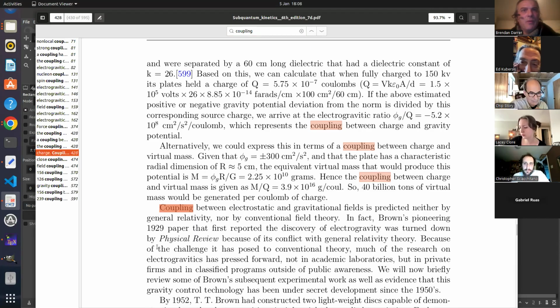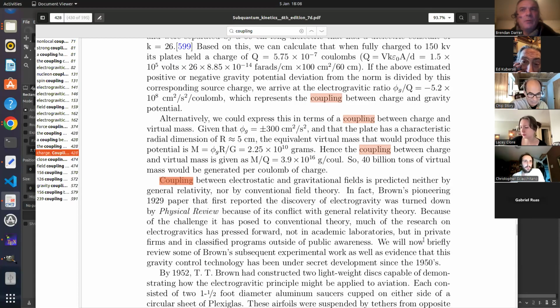Because of the challenge it had posed to conventional theory, much of the research on electrogravitics has pressed forward not in academic laboratories, but in private firms and in classified programs outside of public awareness. We will now briefly review some of Brown's subsequent experimental work, as well as evidence that this gravity control technology has been under secret development since the 1950s. Unreal.